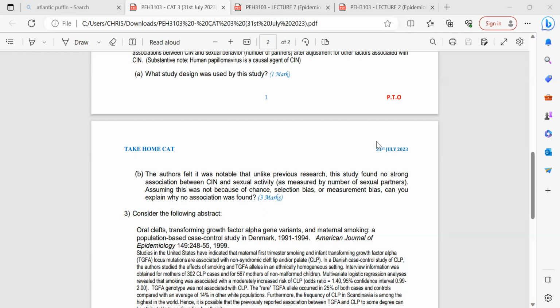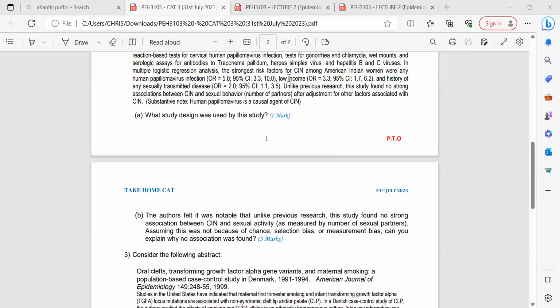Maybe risk factors for HPV infection. Yes. For example, socioeconomic factors, access to healthcare. Yeah, and that is why we are told there is the low income that played a part, with the odds ratio of 3.3.